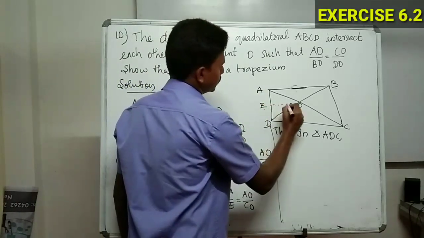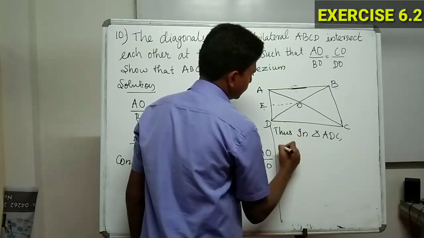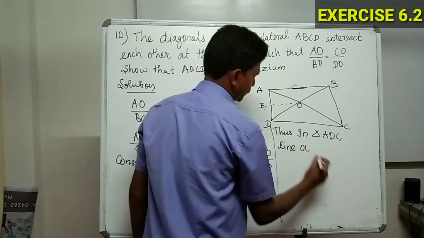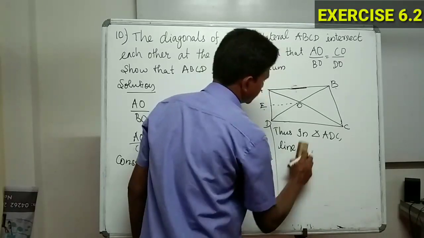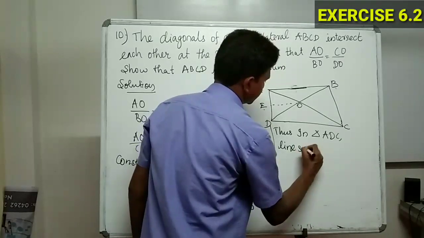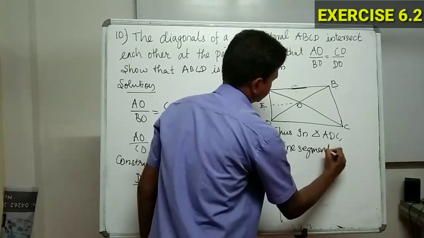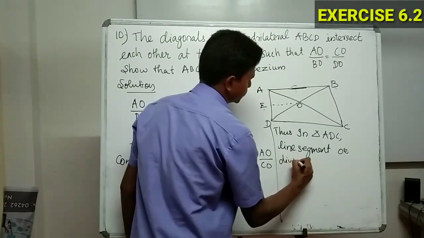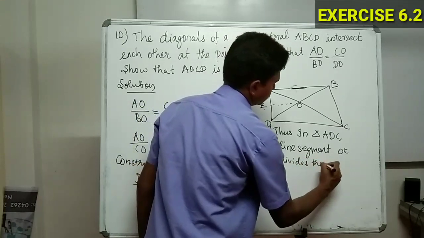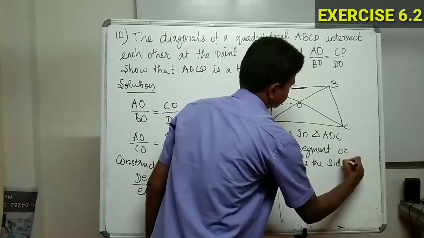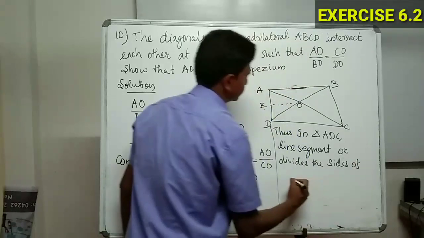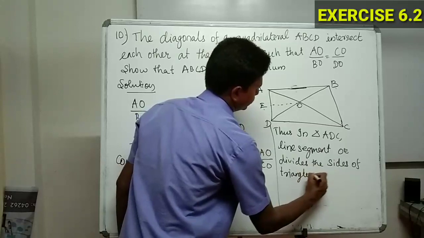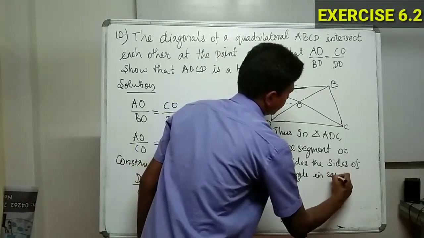So which means in triangle ADC, line segment OE divides the sides of the triangle in the same ratio.